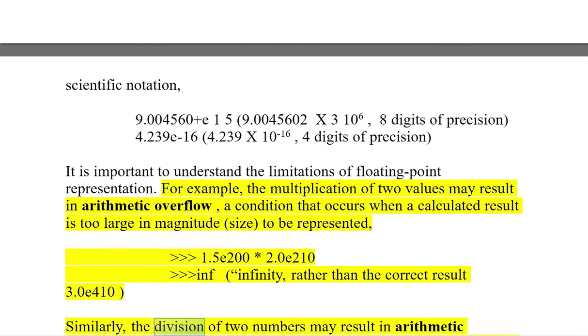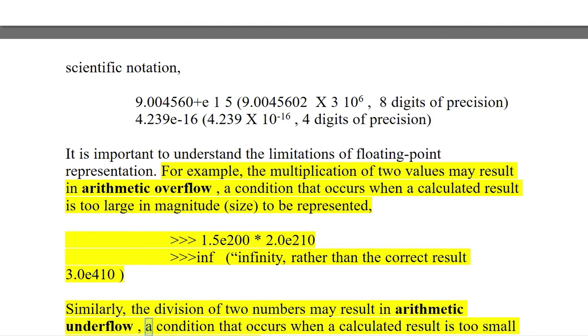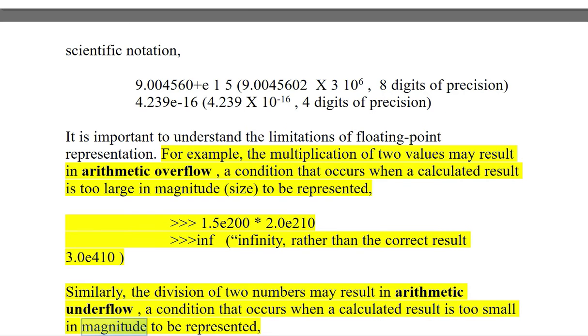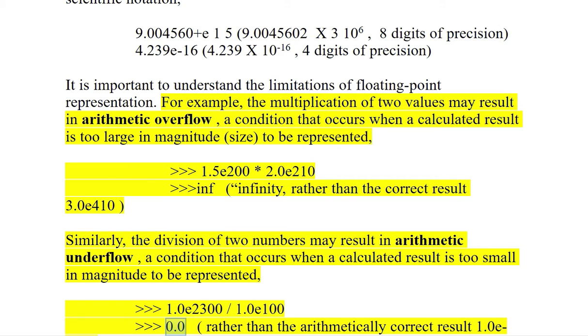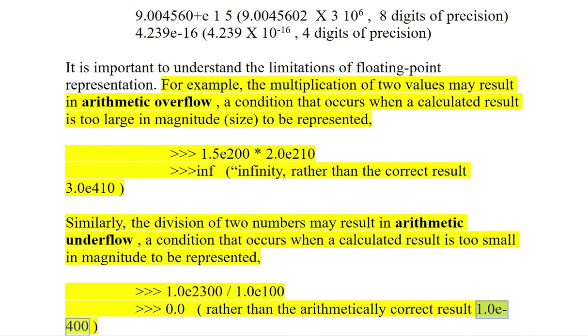Similarly, the division of two numbers may result in arithmetic underflow, a condition that occurs when a calculated result is too small in magnitude to be represented. 1.0 times 10 to the power of 300 divided by 1.0 times 10 to the power of 100 gives 0.0, rather than the arithmetically correct result 1.0 times 10 to the power of -400.